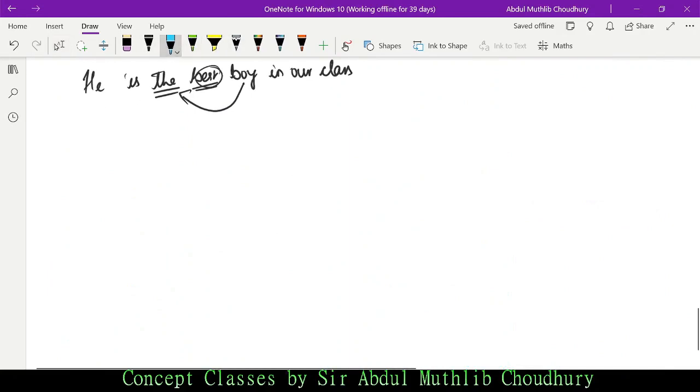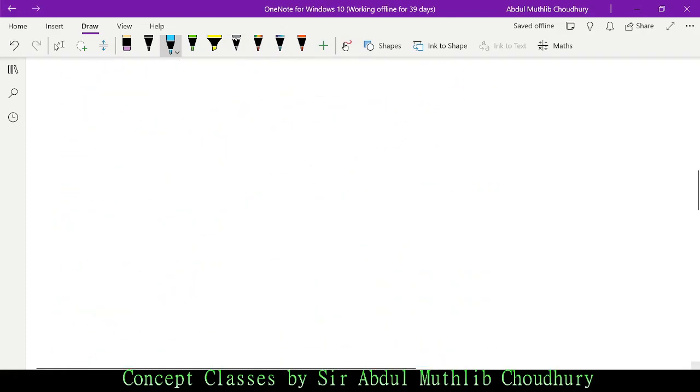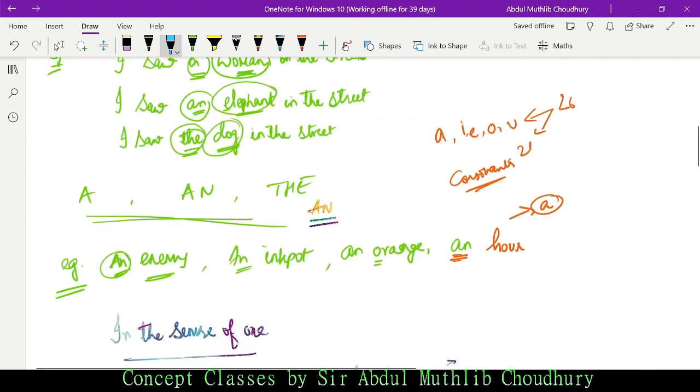Now see, the article a is used before a consonant. Remember an. Actually, I should have placed a after an, or an after a.